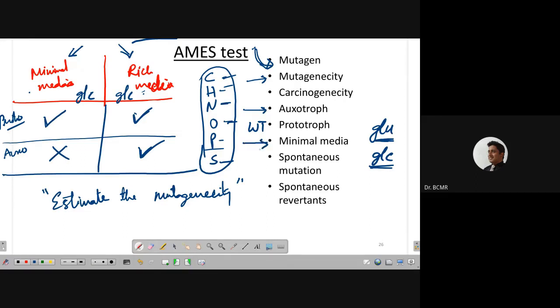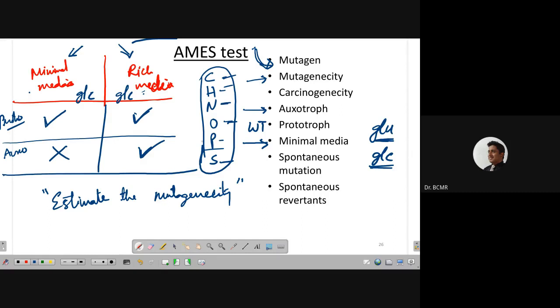And then we also learned about minimal medium. Minimal medium is something in which the nutrition, CHNOP, is given mostly as inorganic compounds. So the bacterium should be able to utilize those materials and make its own components such as amino acids, vitamins, and everything else, including the nucleic acids.